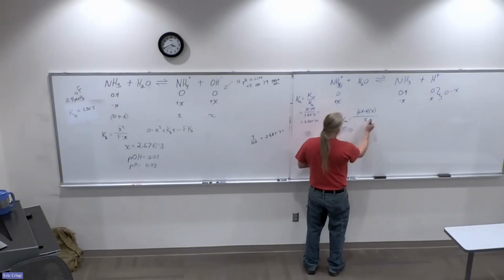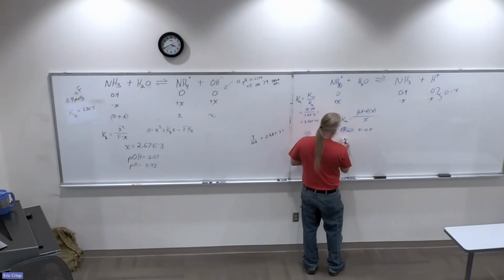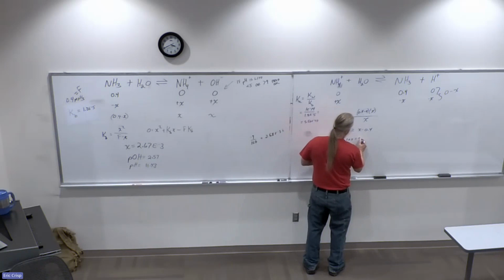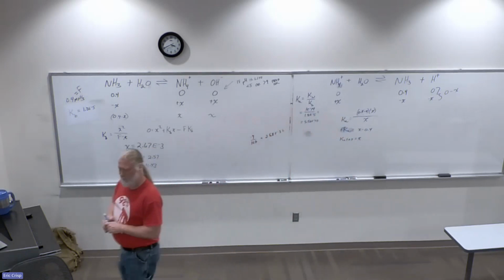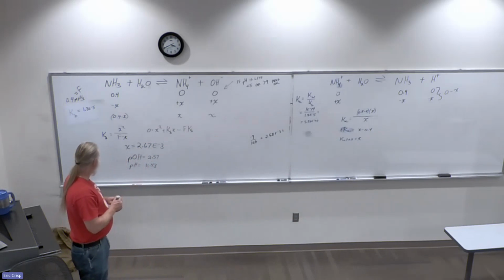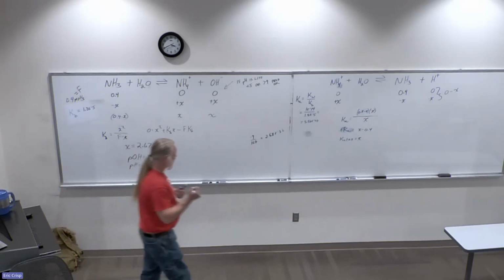Actually, I can just factor out and cancel that. So Ka equals x minus 0.4, right? Do we get anywhere there? Same answer. X equals what here?